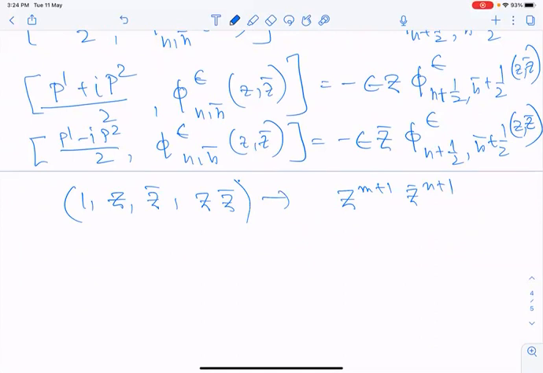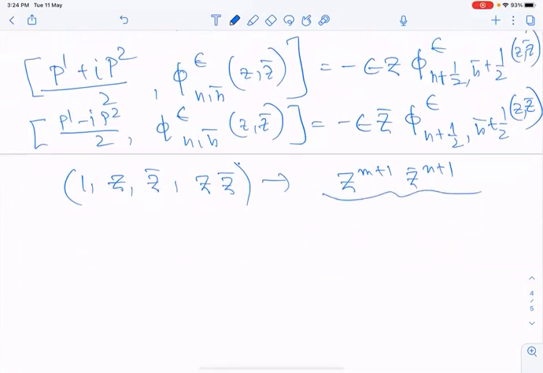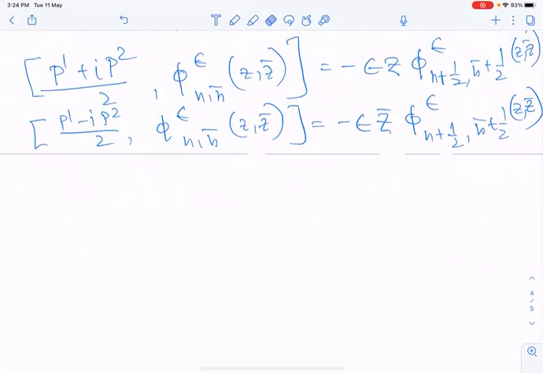That's why this way of writing this is useful, which we'll see also in the next lecture when we talk about the super translation Ward identities. I'll do it next.